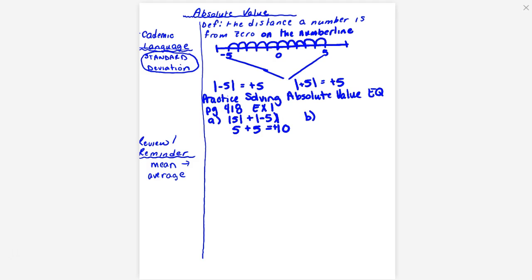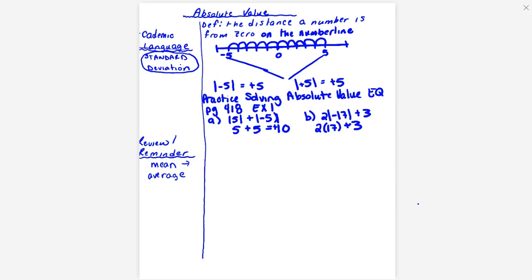This is 2 times the absolute value of negative 17 plus 3. So first let's figure out what the absolute value of negative 17 is, and it's positive 17. So this is really 2 times positive 17, and I turned that absolute value sign into parentheses, which just means multiplication, plus 3.